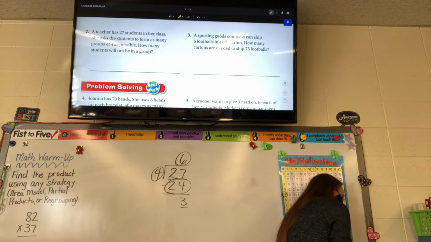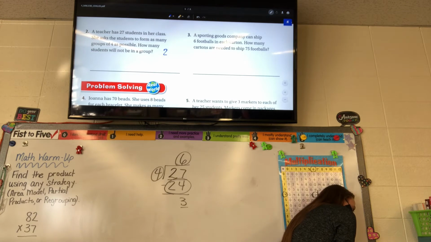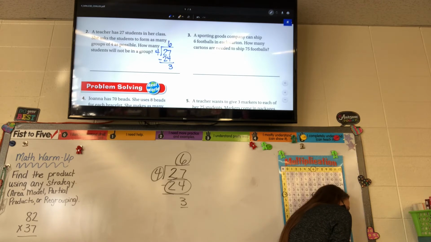So this is what you should have written down. If you don't have this, copy it down. 27 divided by 4 is 6, and 27 minus 24 is 3. So write 3 students left without a group.